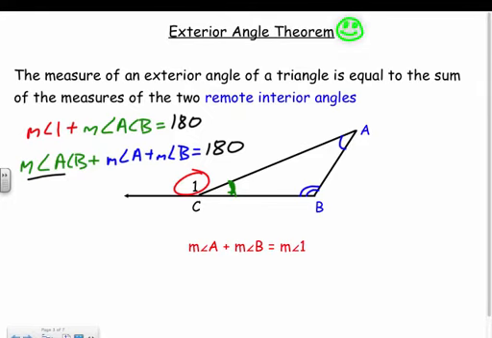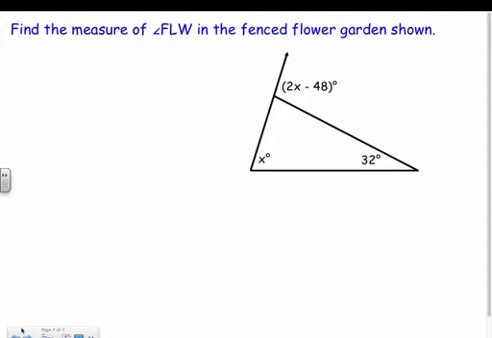So there we go. These are the same, which means these two have to be equal, don't they? So the exterior angle is equal to the two remote interior angles. That should make sense, transitive property style, or substitution in a way as well.